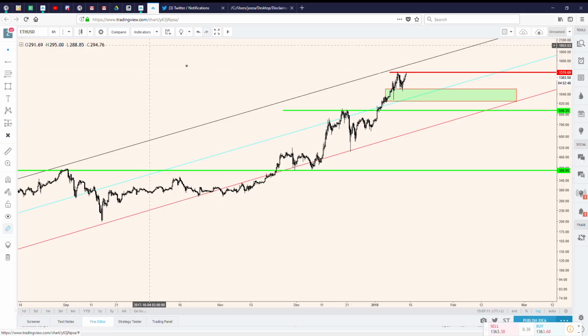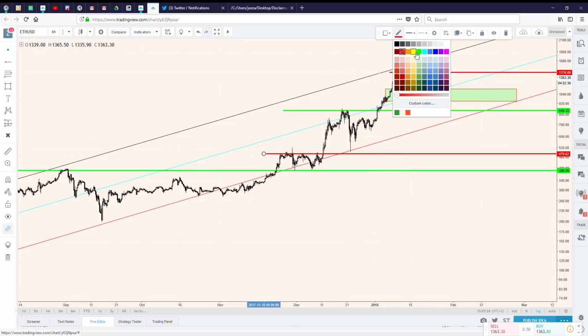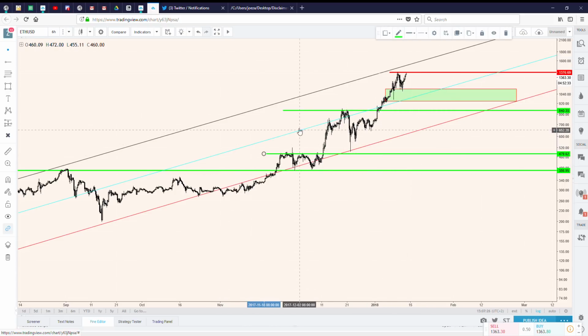And when I do get into trades, guys, I like getting into trades in areas where I see that we have found a channel, and then I like getting into trades where you're basically going into the trade on trend support, and just below the trend support you have a nice area of horizontal support.